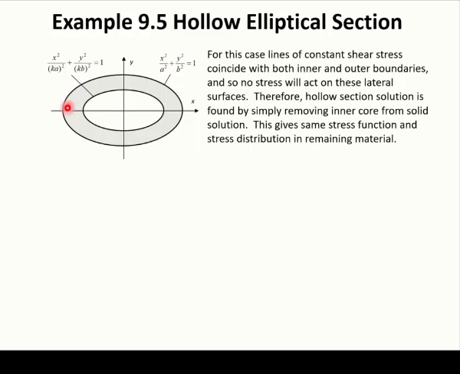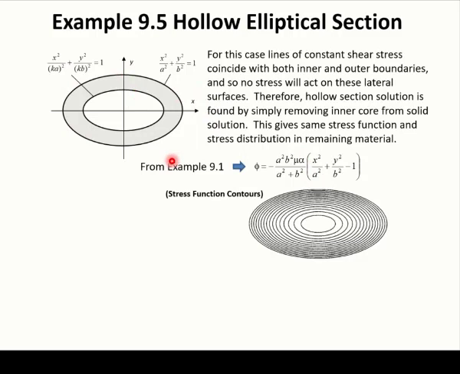Don't forget that when we selected our phi for the outer region, we selected that phi must be 0, and from example 9.1 we find that we can select our phi as k times x squared divided by a squared plus y squared divided by b squared minus 1. This is how we select it so that it will be 0 on the outer surface, and when you plot the stress function contours you will see that you will get stresses like this.